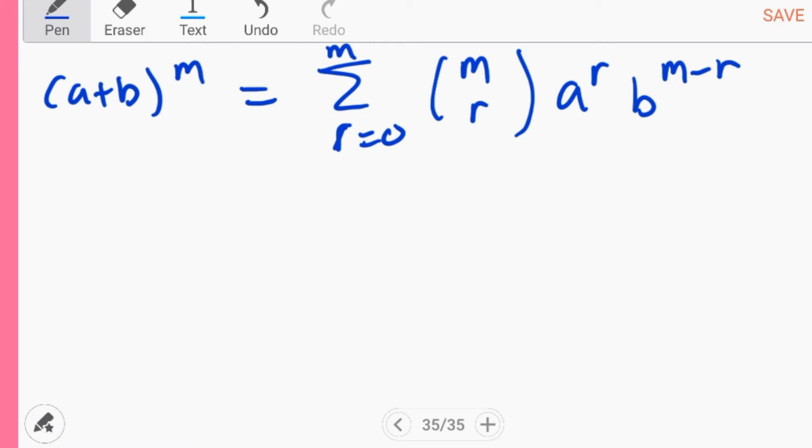Now you realize that in the binomial expansion theorem, if you sum the power of a and the power of b, you always get this m.